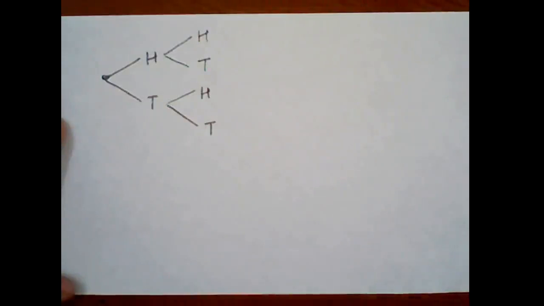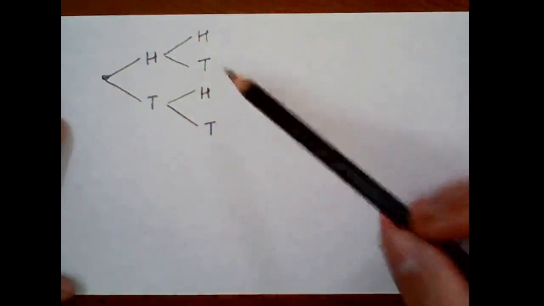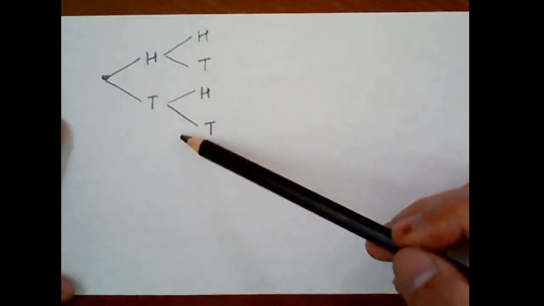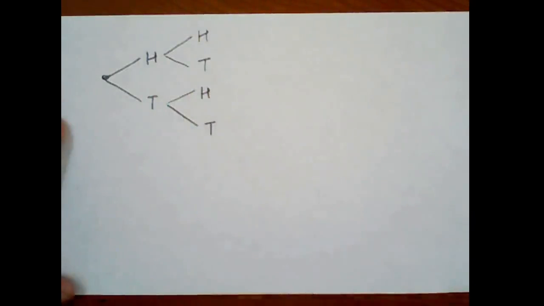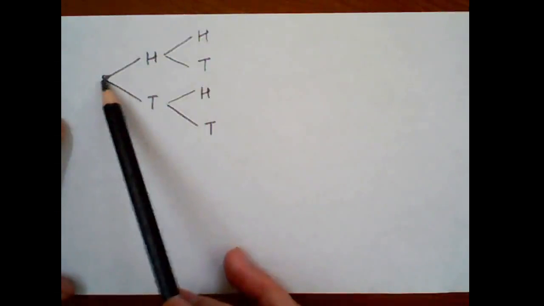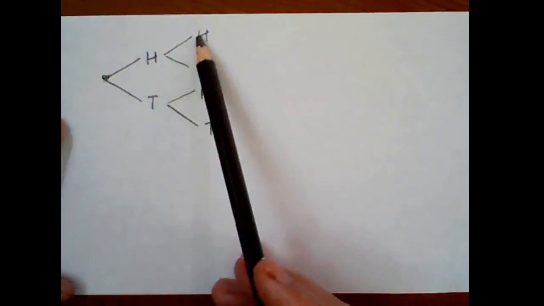So how many different kinds of outcomes are possible? All you need to do is count the terminal branches in what is called a tree diagram. Now you can write the possible outcomes by tracing your path from the origin up to the terminus.